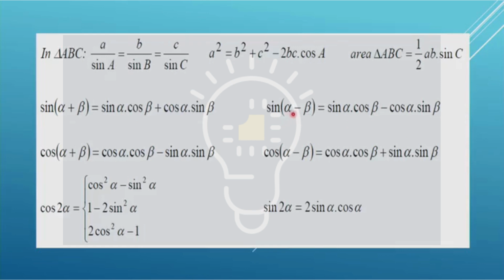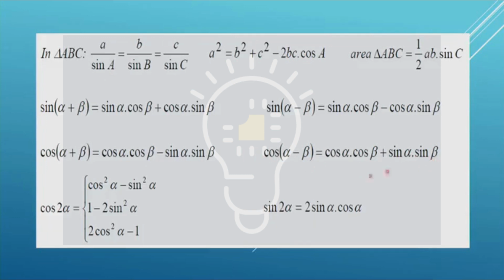Where you have a minus here, you're going to put a minus between them. But for the cosine formula, things change a little bit, and we want you to watch very carefully. The cosine of alpha plus beta will be the cosine of alpha cosine of beta. That's the first change. And because there's a plus here, we must put a minus between these two. So in other words, now that we've got the cosine, we have the sine of alpha and the sine of beta. And then the cosine of alpha minus beta is equal to the cosine of alpha, cosine of beta, plus sine of alpha, sine of beta.